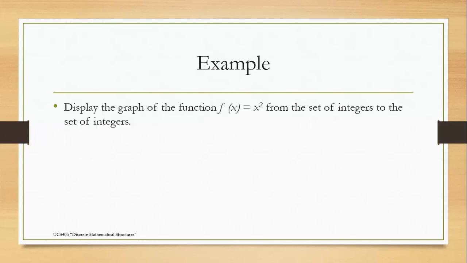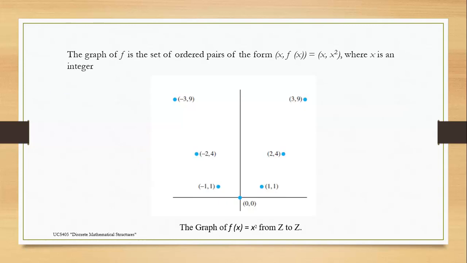For example, for the function f(x) is equal to x squared, what will be its graph? We know that the square of a negative and a positive number is the same, and the value of the function at x equal to 0 is 0. Value at -1 and +1 is the same, value at -2 and +2 is also the same, and so on, and value at 0 is 0.